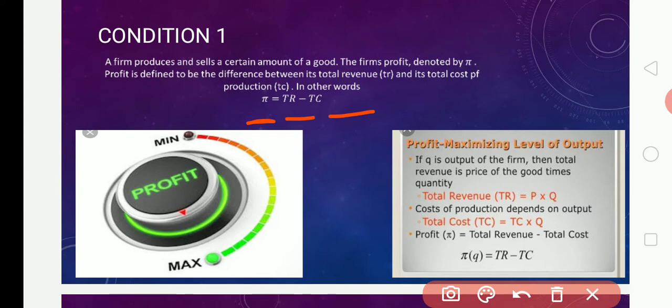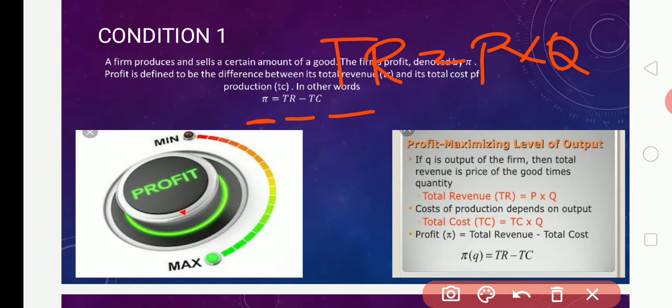To calculate total revenue, it is P into Q, where P is price and Q is quantity. How much quantity we are selling and what price we post for that product; when we multiply the price by the quantity, we get the total revenue.